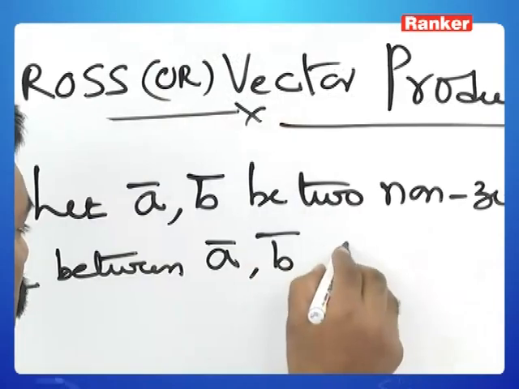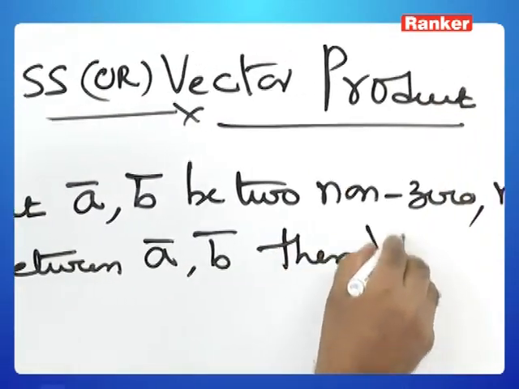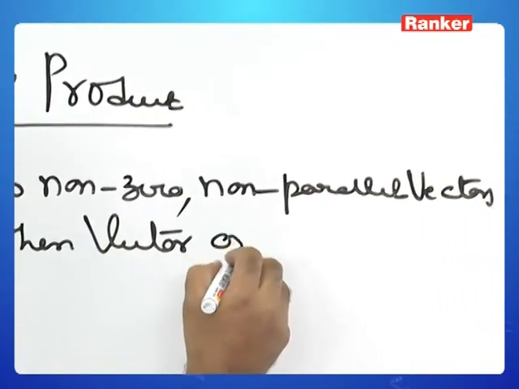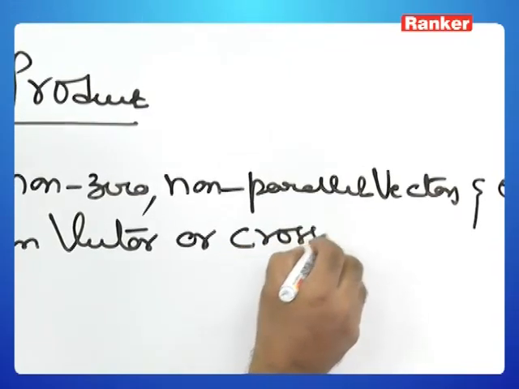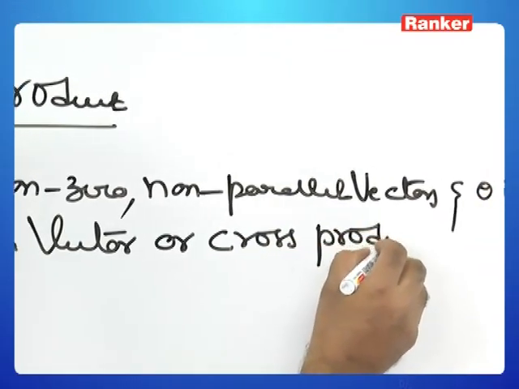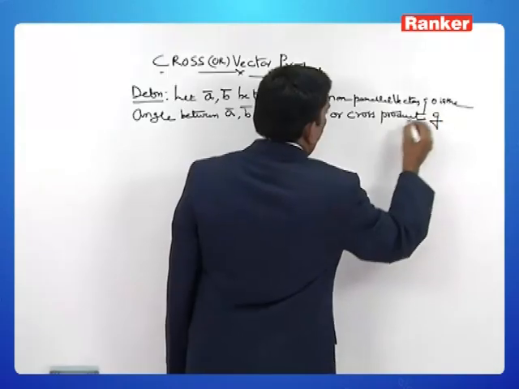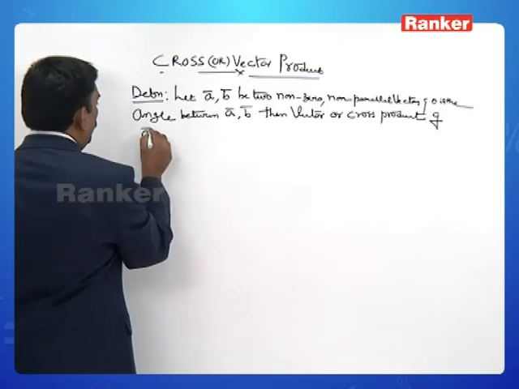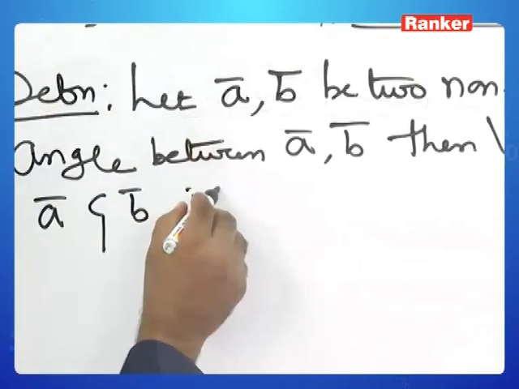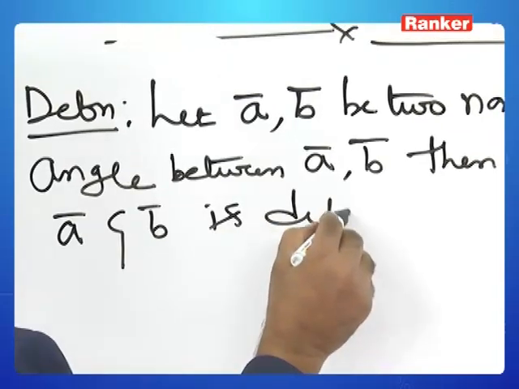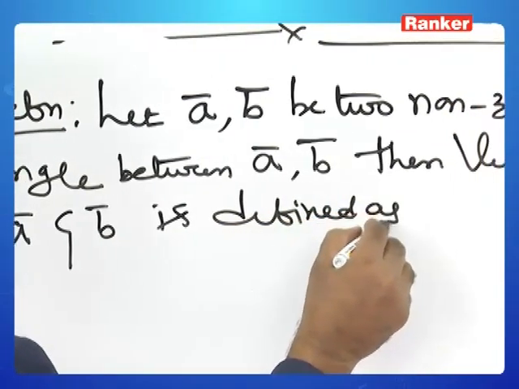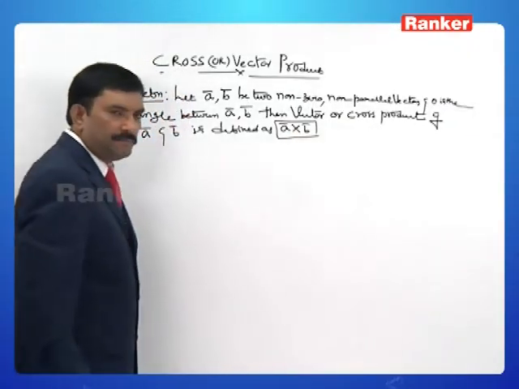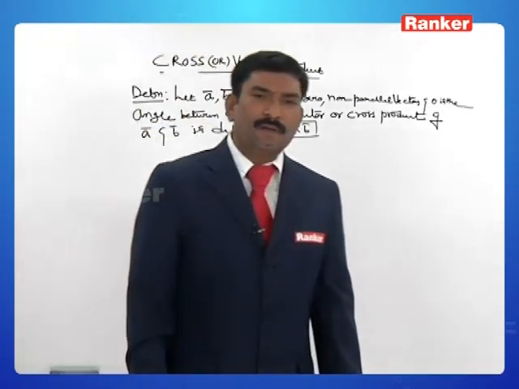Then the vector or cross product of A bar and B bar is defined as A bar cross B bar.